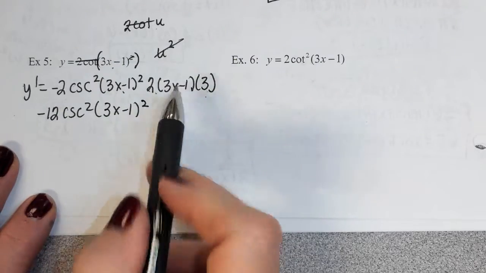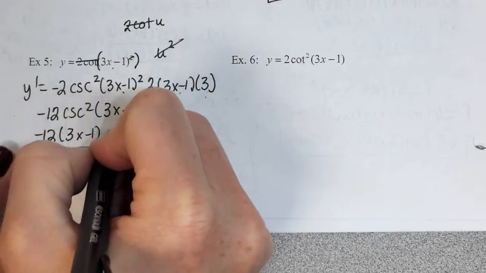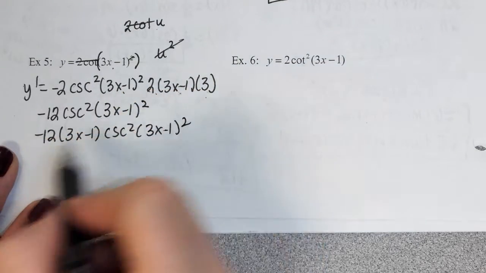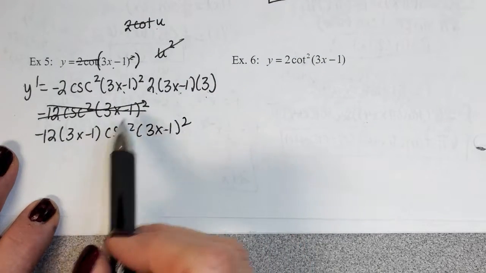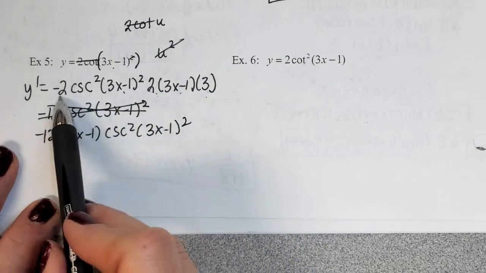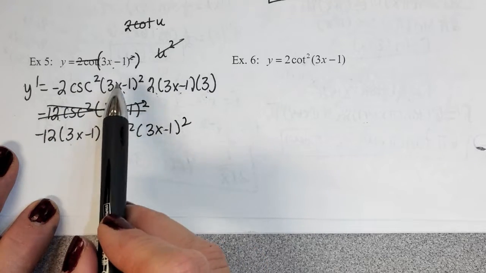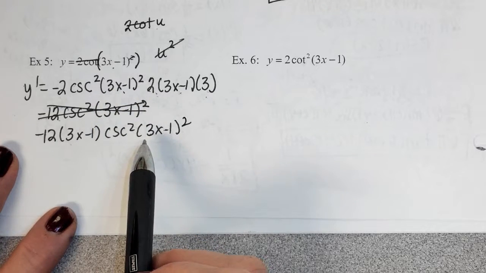Oh, I forgot that. Hold on. -12 times cotangent of (3x minus 1) times cosecant squared of (3x minus 1), because all of this is part of the coefficient. Don't change the angle unless you use a double angle formula. That's the only time the angle should look different, is if you're using a double angle formula.